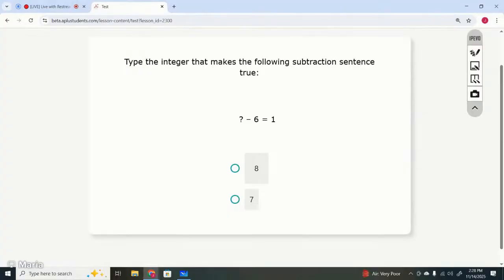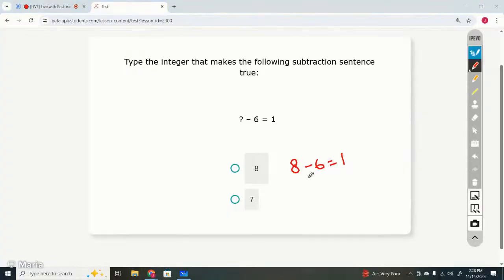So we are given the options. Start with them. 8 minus 6 equals 1? So 8 minus 6 is 2. 2 is not equal to 1. That isn't the correct option. Look at the second one. 7 minus 6. 1 is equal to 1. So yes, they are exactly equal. So 7 is the correct option.